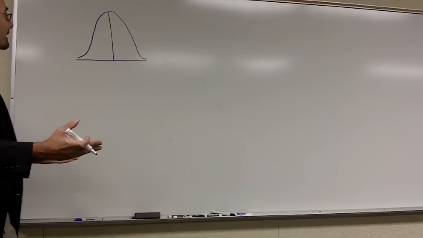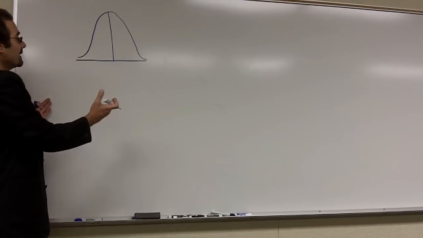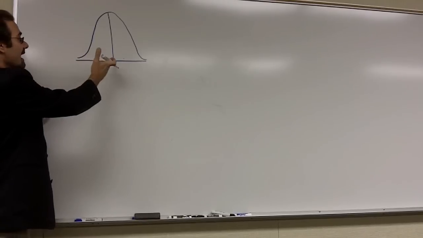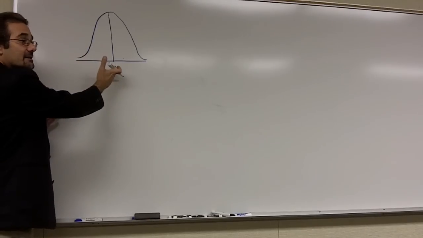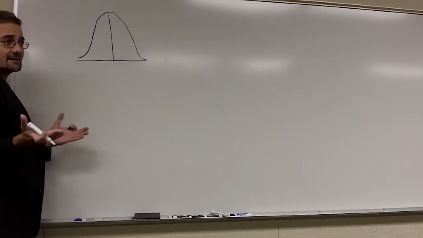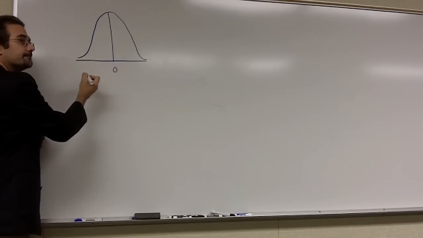Let me give you an example. What's the probability of picking a score that is between -4 standard deviations and 0 standard deviations, i.e. between a z-score of -4 and a z-score of 0?